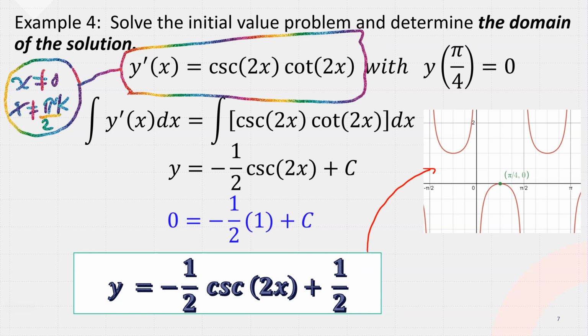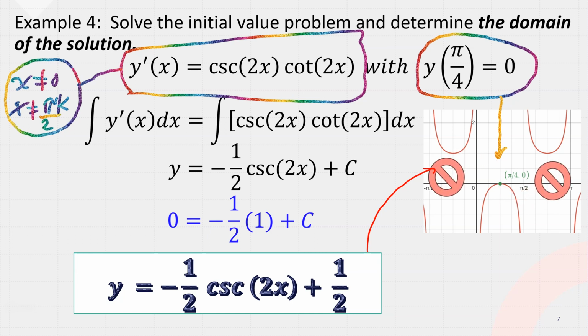It's just repeating. So when looking at this initial value of y of pi over 4 equal to 0, that tells you to stay with that branch in the middle from 0 to pi over 2 and not any other ones, because that's where the initial value is being satisfied.